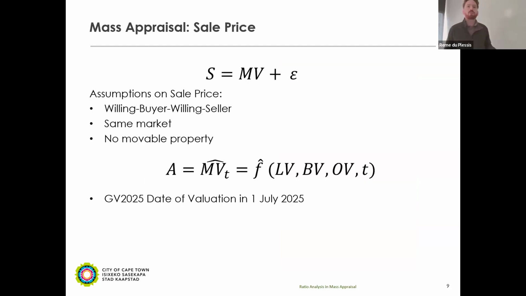But now that we know what goes into the model, we can look at what we are actually trying to model. We observe our sales, which is our market value plus some noise, right? Not necessarily additive noise here, but there's some noise that comes into our model. We are assuming with our sales price that there is a willing buyer, a willing seller.